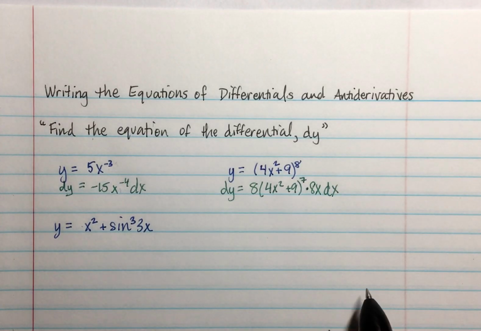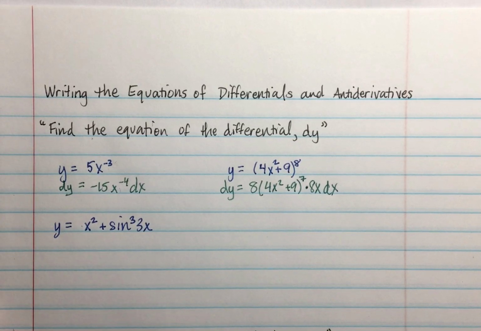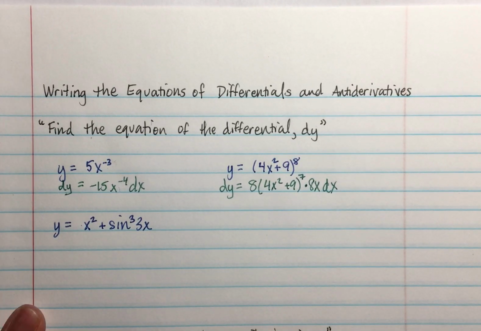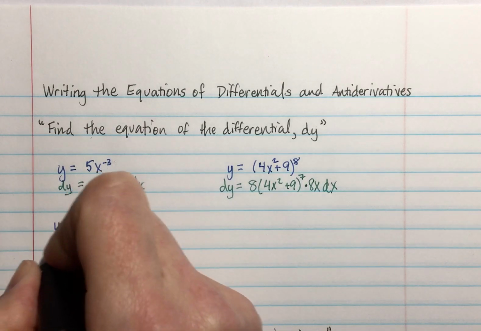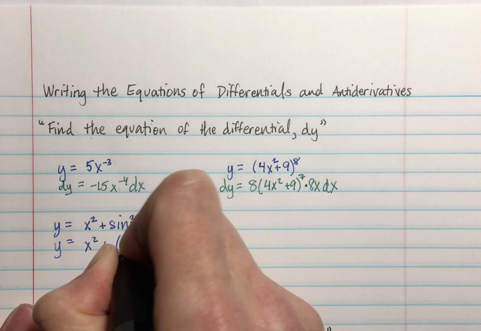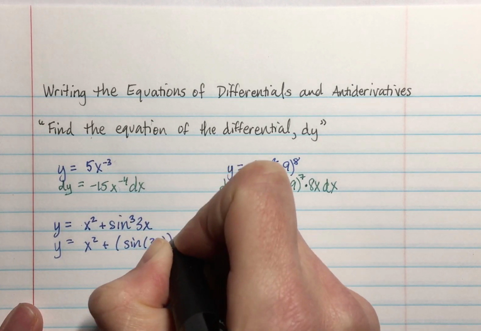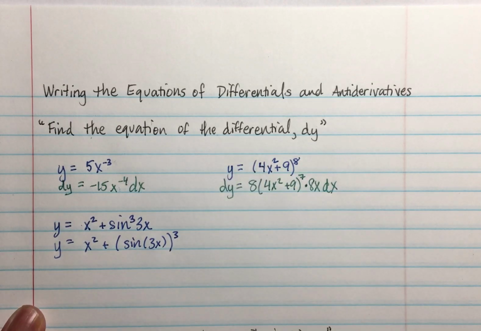No big deal. Okay, and then for this guy, we have x squared plus sine cubed 3x. I am going to do a quick rewrite of this, just as a reminder that what this really means is x squared plus sine of, I'm going to even put the 3x in parentheses, cubed. So we have that guy.